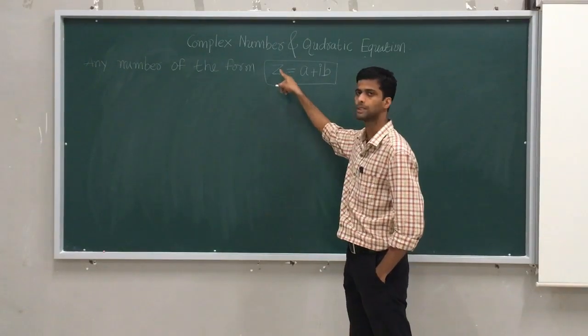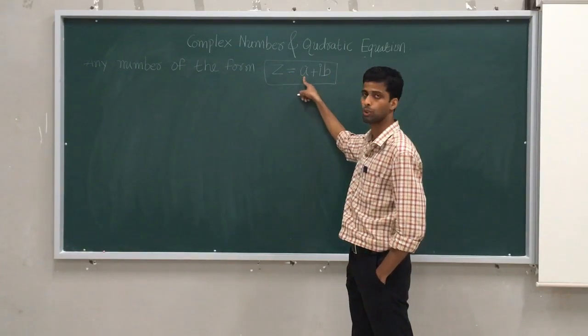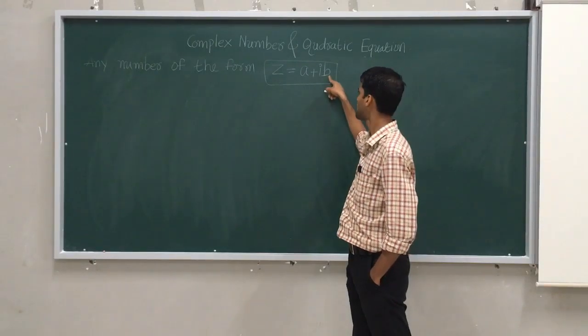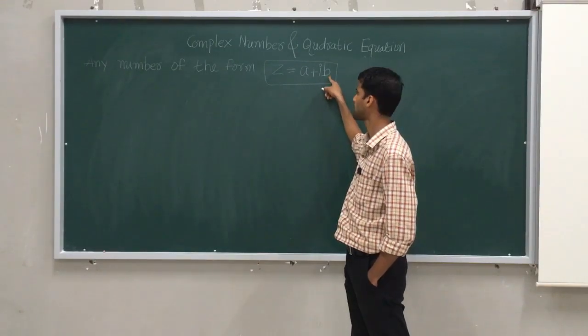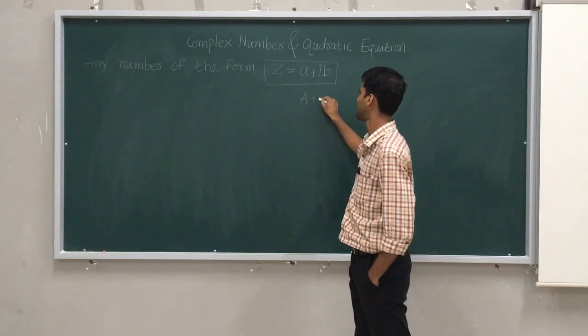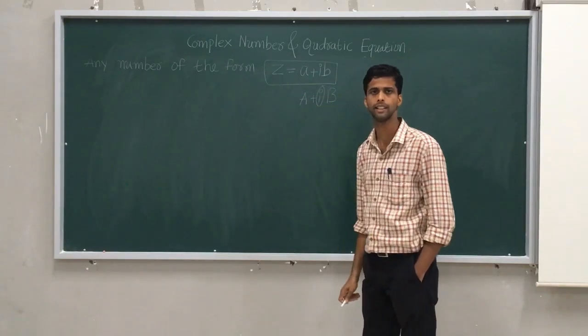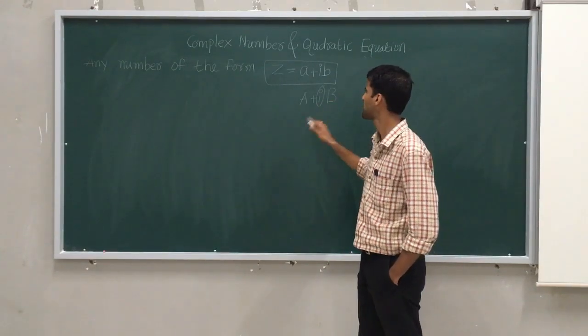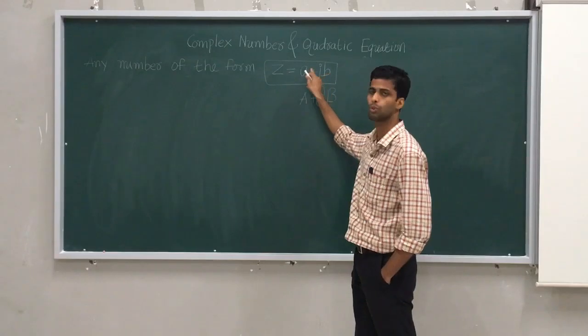Any number of the form z equal to a, small letter a, plus i b, where b is also a small letter. In some textbooks they will write it differently, and this is also a complex number, but this i should always be a small letter. This may change, not an issue, but usually while writing we write small letters only.